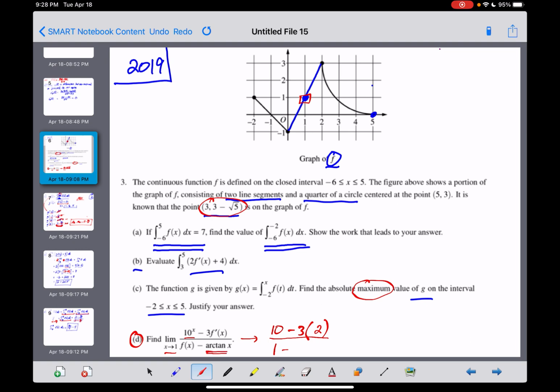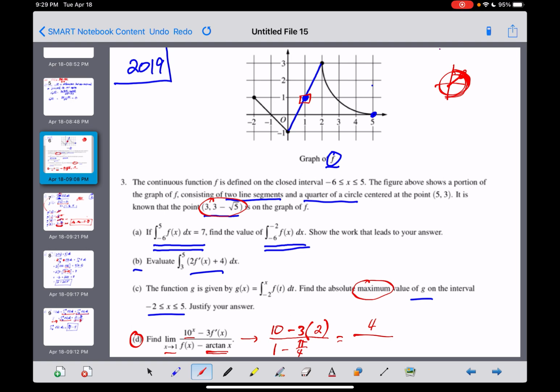So inverse tangent of 1 is asking you what angle on the right-hand side of the unit circle has a tangent value equal to 1. That happens right there at pi over 4. So what happens, guys? The numerator is 10 minus 6, which is 4, and the denominator, okay, now here's a good lesson to learn right here as I'm looking at their solutions manual.